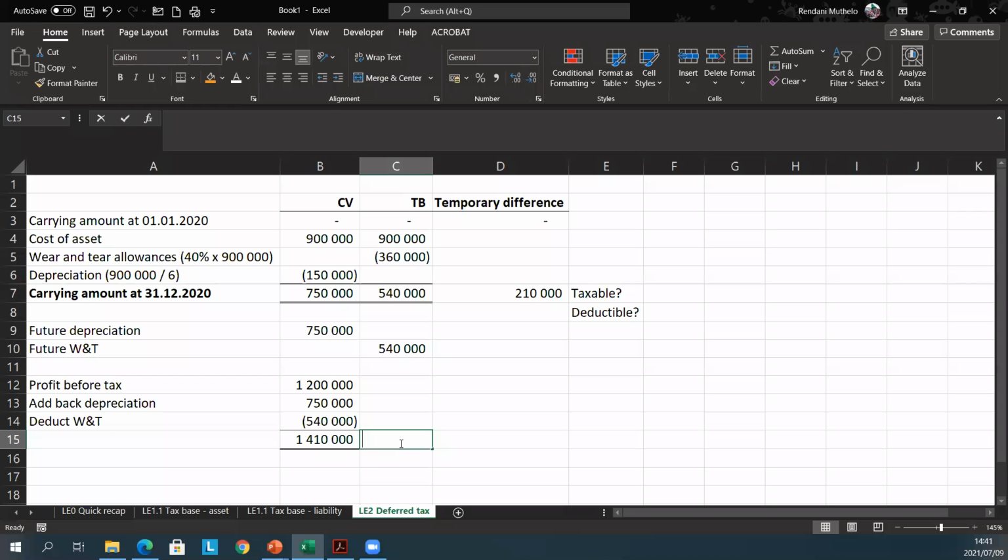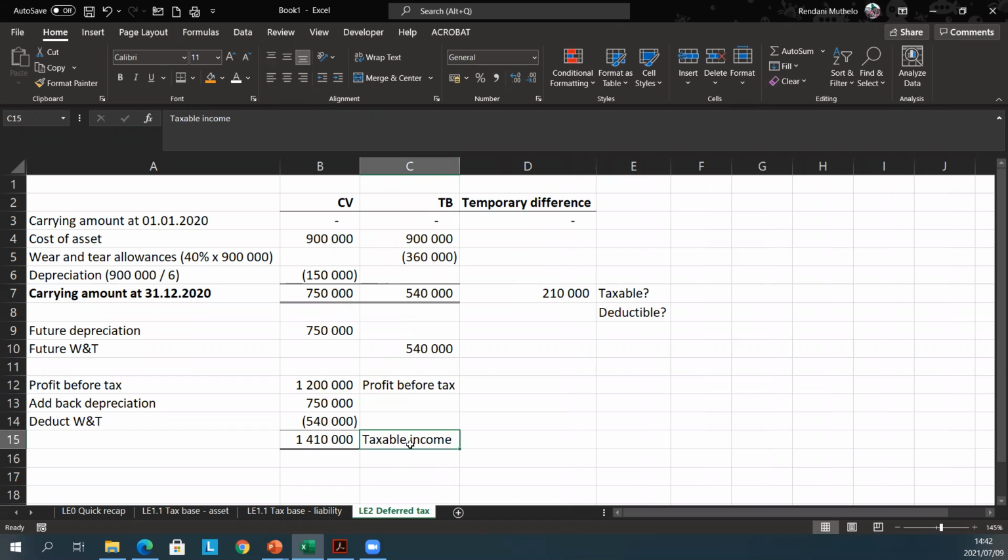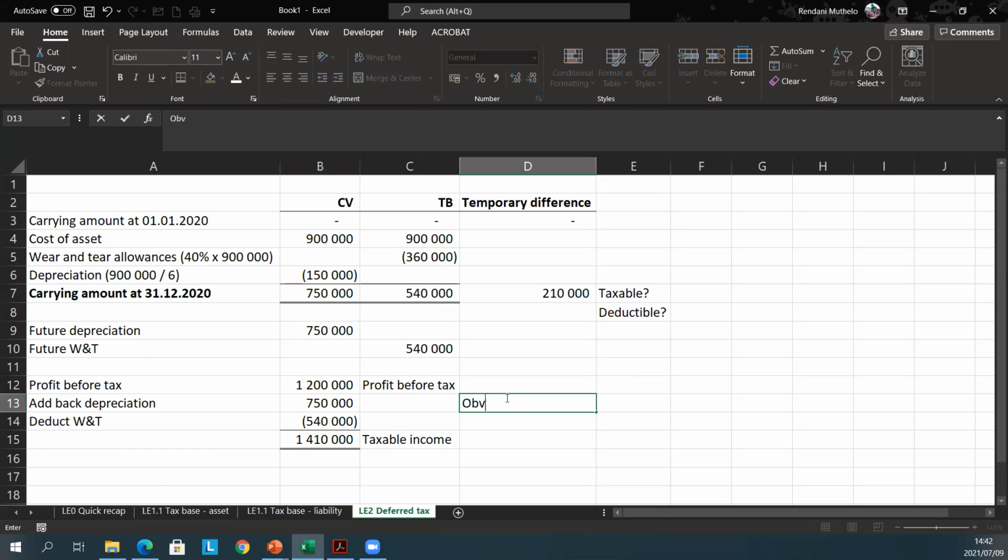So what are we saying? We are saying that the taxable income is expected to be 1,410, whereas the profit before tax is expected to be 1.2. So do you expect there to be a higher tax for taxable income than for profit? Do you expect there to be a higher tax on 1.4 than on 1.2? So this is not as tough as it was.